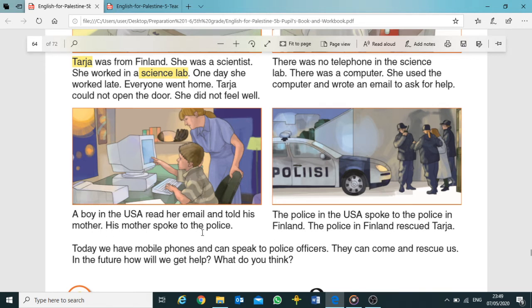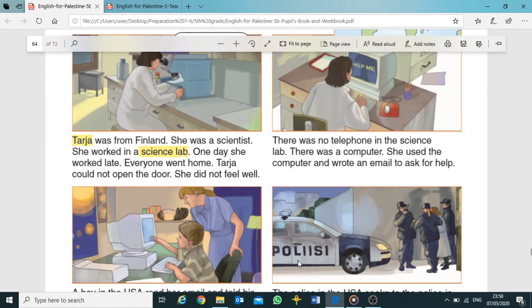His mother spoke to the police. The police in the USA spoke to the police in Finland. The police in Finland rescued Tarja. Today, we have mobile phones and can speak to police officers. They can come and rescue us. In the future, how will we get help? What do you think? So this is the story.